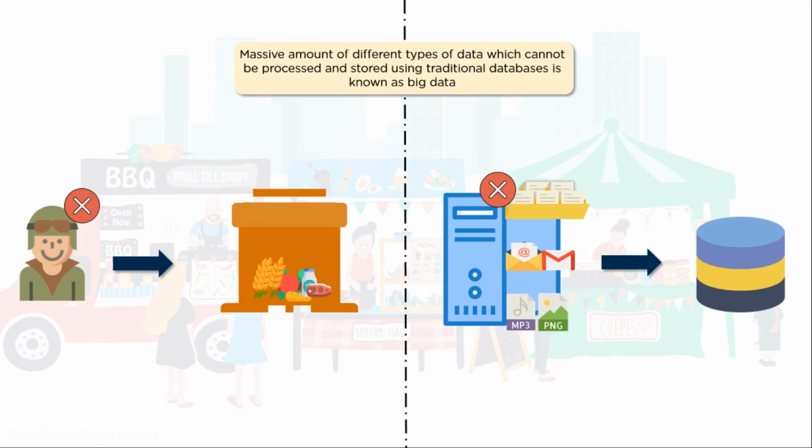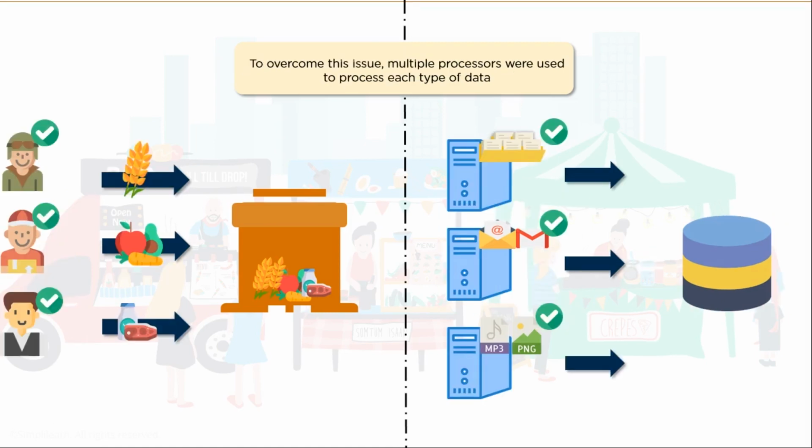Now with different types of data existing and getting generated in massive amounts, it posed a challenge that this data could not be processed and stored, and the known storage solutions were traditional databases. To overcome this issue, multiple processors were used.